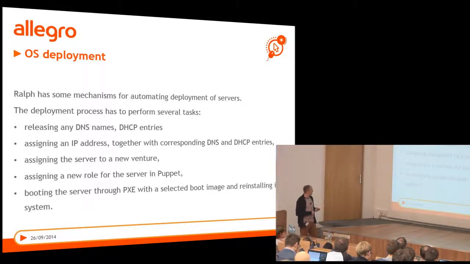After that, after we have assigned the IP address, RALPH is taking care of assigning the address and hostname, because it's taking the first hostname and first IP from the defined network. The next step is assigning the venture and the role. What does it mean?